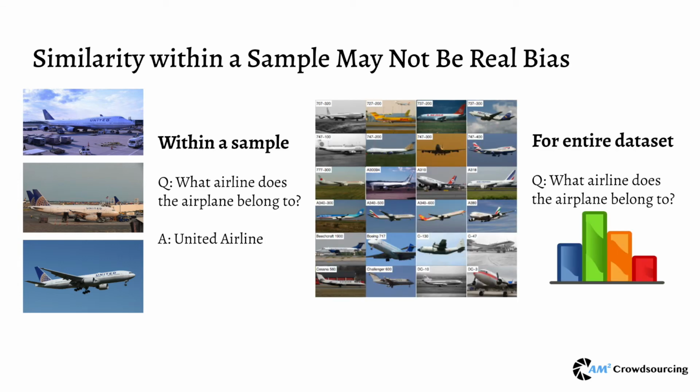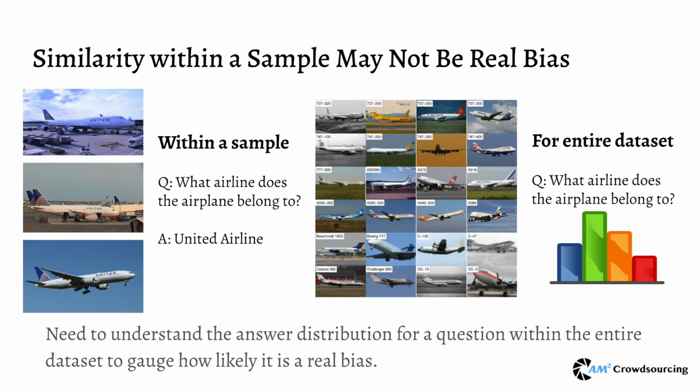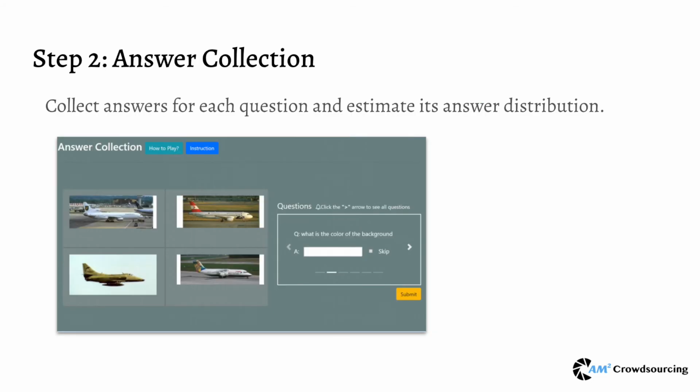Therefore, we want to find the distribution of the answers regarding the questions on the most images, and in this way, we can understand the distribution of a similarity within the entire dataset to gauge how likely it is a real bias. In step 2, answer collection, we collect answers for each question and estimate its answer distribution.